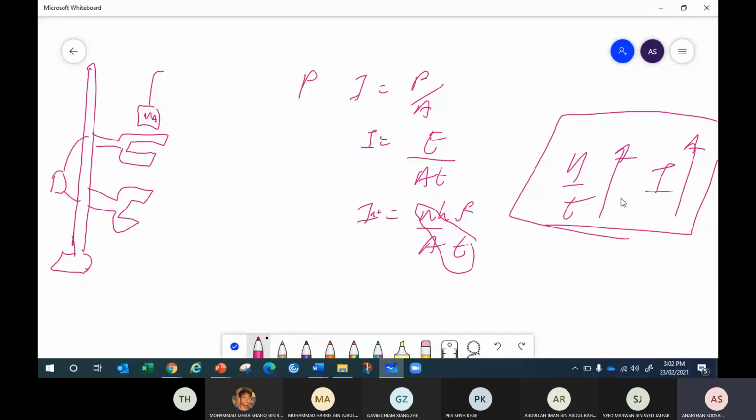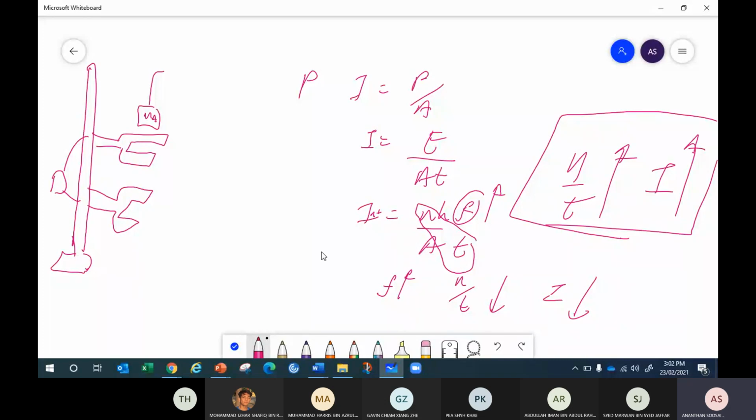Based on this idea, if frequency is raised, N over T is going to drop, so current should drop. Correct? According to this idea.